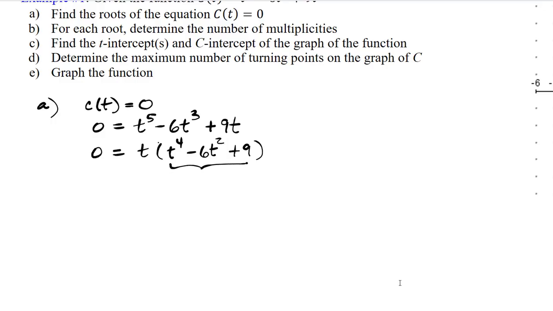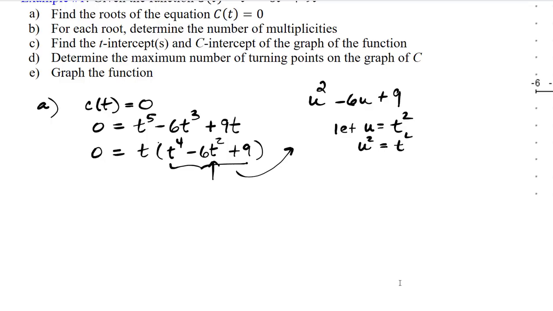Now notice that the second factor of the equation takes on a quadratic form. So this is equivalent to solving the equation u squared minus 6u plus 9 if we let u be defined as t squared. If u is equal to t squared, then u squared is t to the 4th.